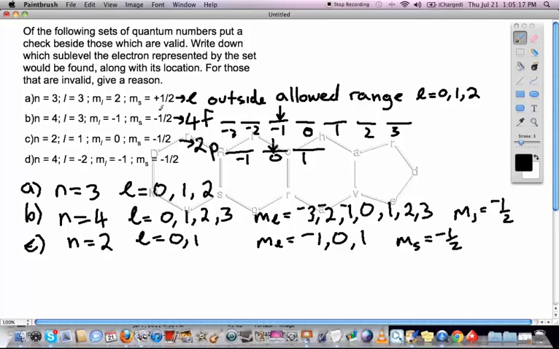Alright, so we've got these two being valid. This next one, we've got n equals 4, and L values can be 0, 1, 2, and 3. And as you can see, the L value is negative 2, which means that that's going to be invalid.